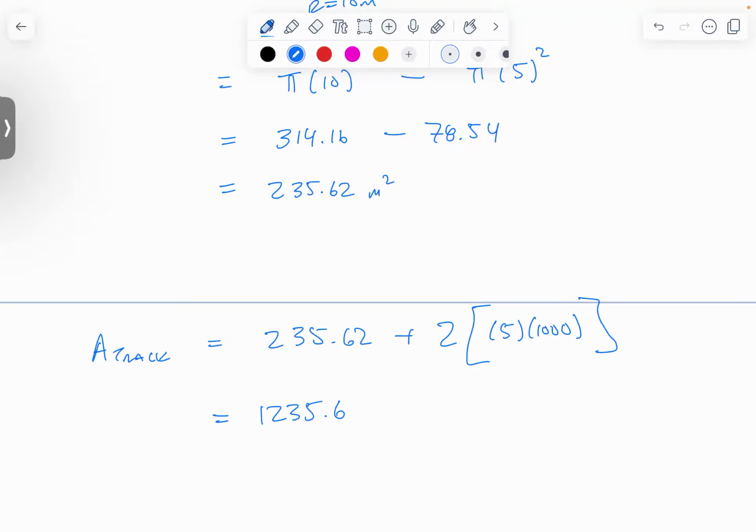That makes 1,000 since there are two of those. And hence our total area of the track is 1,235.62 square meters.